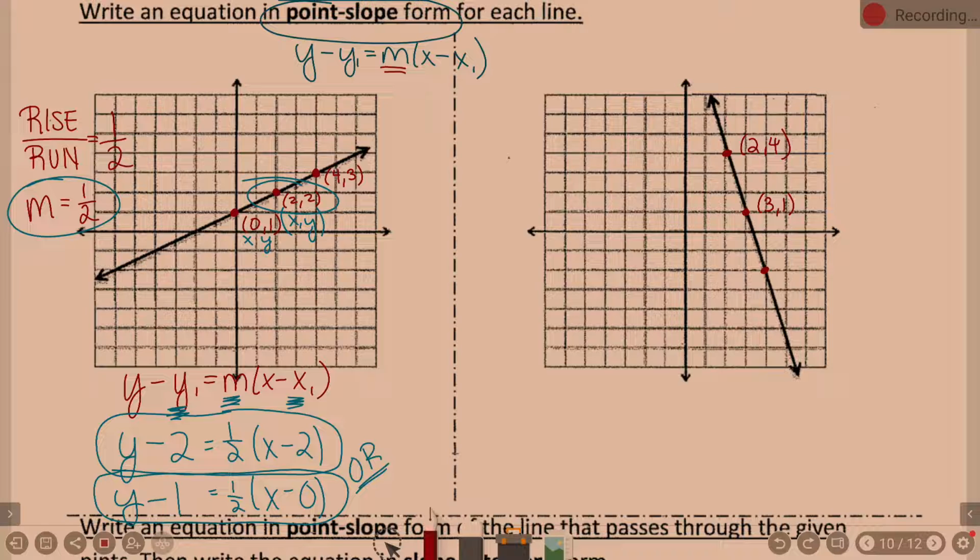And don't forget, what is my slope? Rise over run. How far do I rise to get to the level of the next dot?